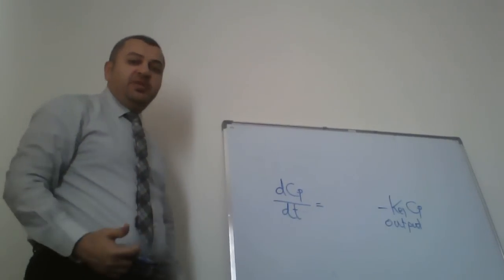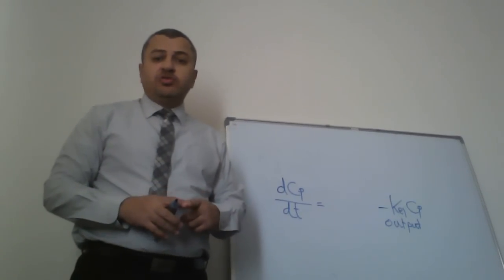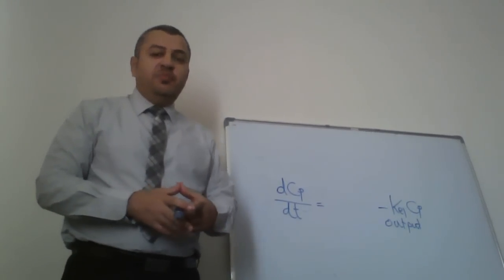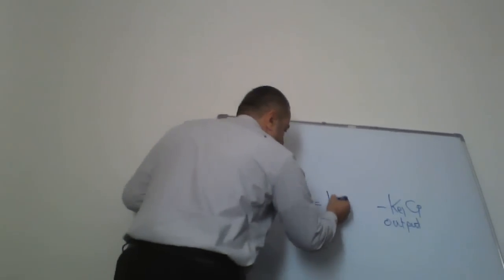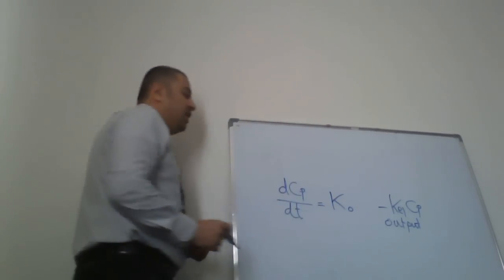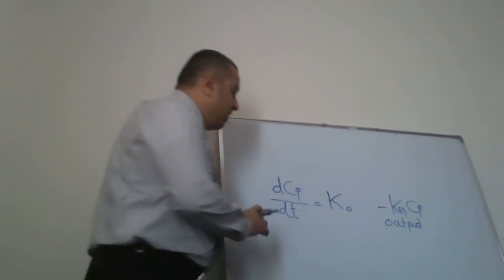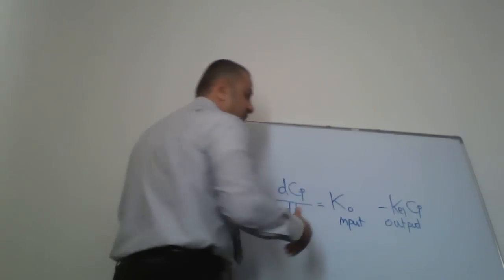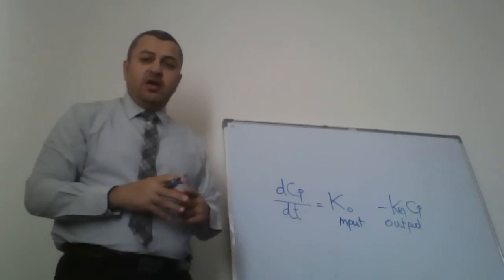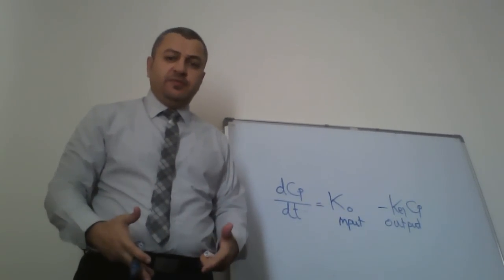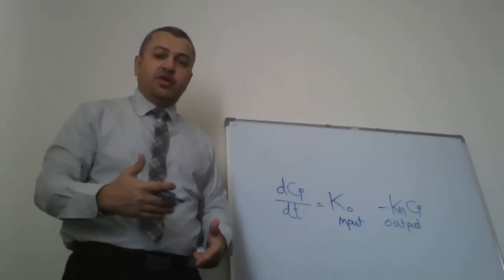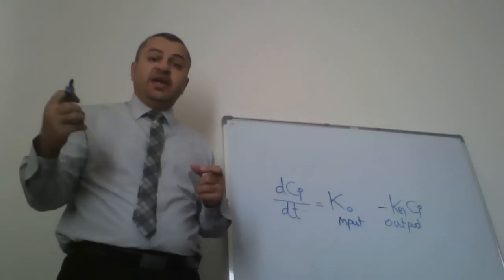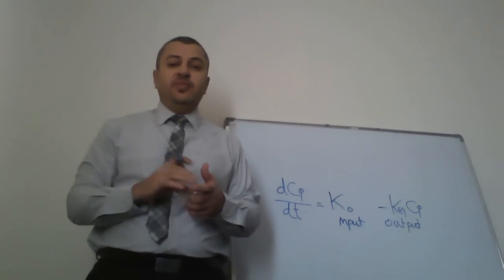But at the same time, there is also the input. What is the input? K0. K0 is the input, so I have input positive. This adds drug to the body, increasing the concentration. And there is negative, which is the rate of elimination.